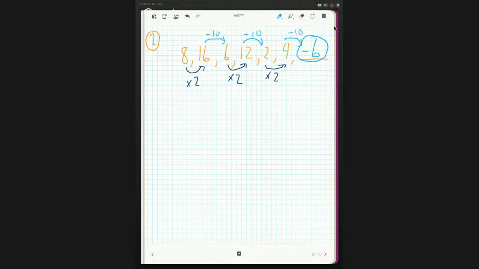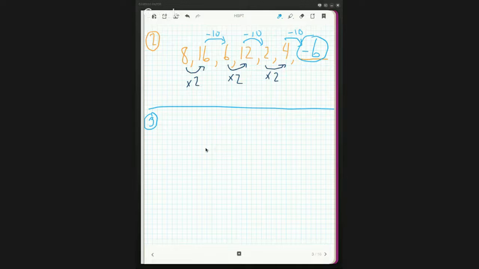So that's pattern type 2, and we're going to see some examples later on, and we'll see it again in the HSPT test.